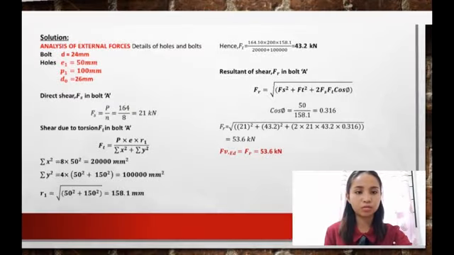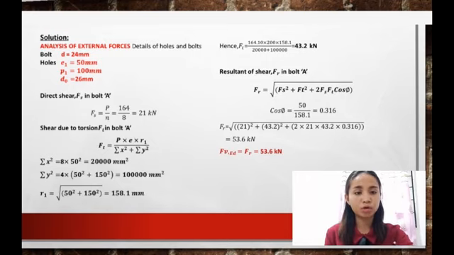The solution for the analysis of external forces, detail of holes and bolt: D is 24 mm, E1 is 50 mm, P1 is 100 mm, and D0 is 26 mm. The direct shear Fs in bolt A is 21 kilonewton, and the shear due to torsion Ft in bolt A is 43.2 kilonewton.